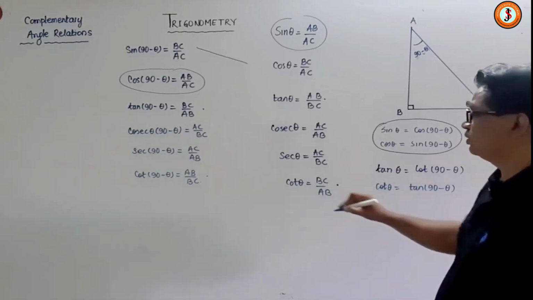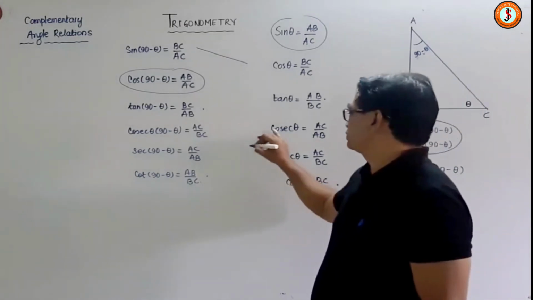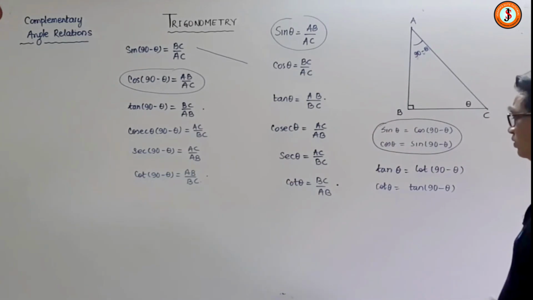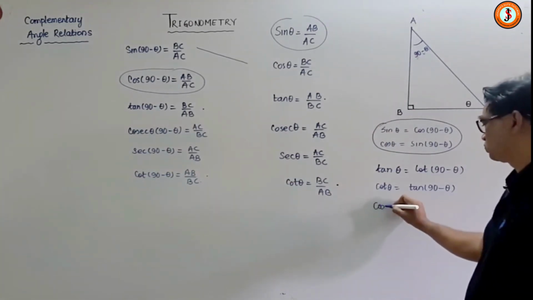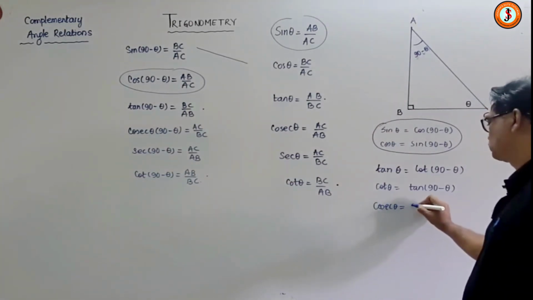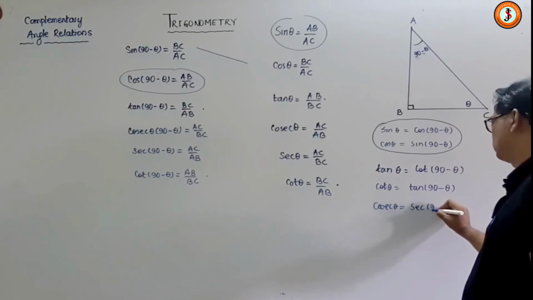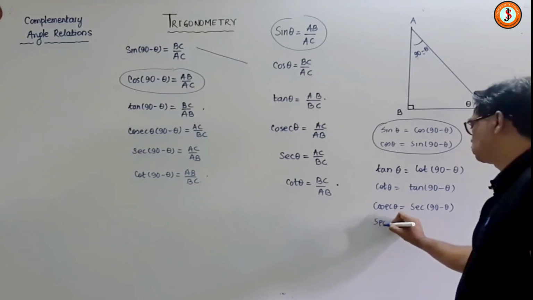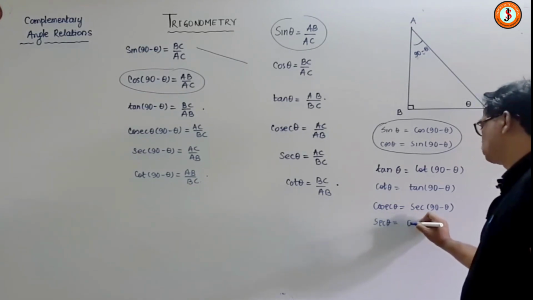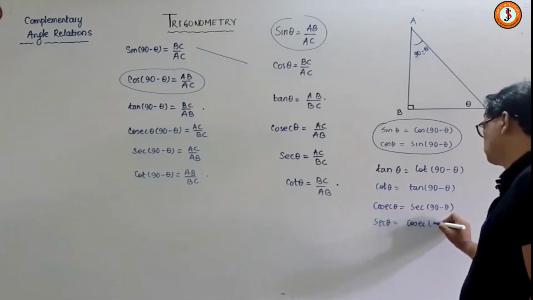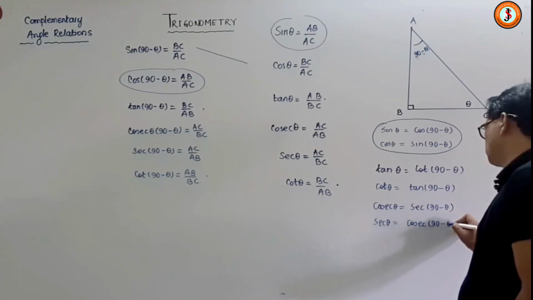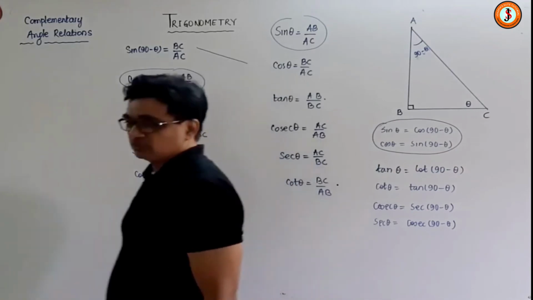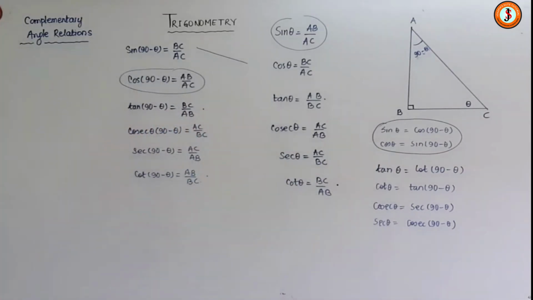And if you closely examine, cosec theta is equal to AC by AB and sec theta is equal to AC by AB. So this formula you have to know nicely, then the sums are very easy. Thank you.